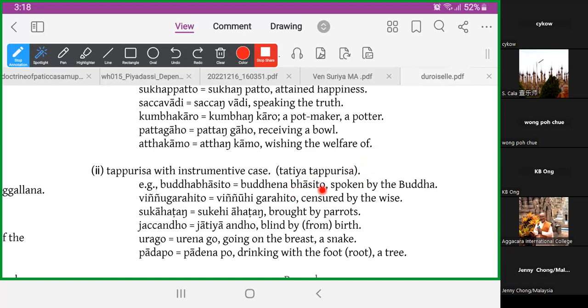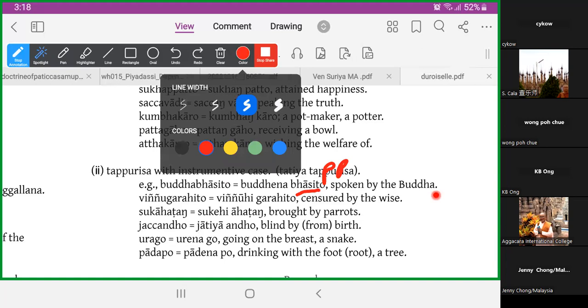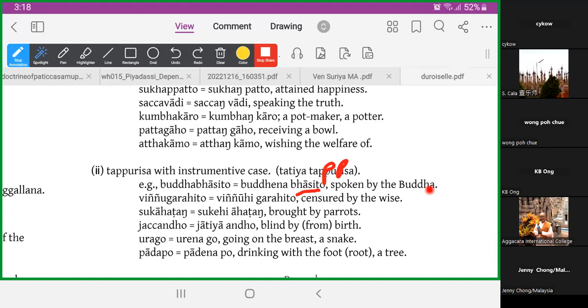Okay, so Bhasito. Bhasito is spoken. So this is a past participle. You notice that sometimes, most of them like Bhasito are past participles. So spoken by the Buddha. The word by the Buddha is in the instrumental case.